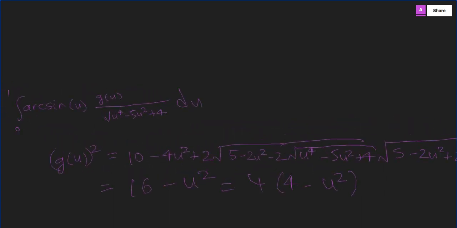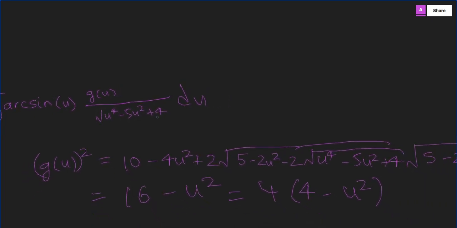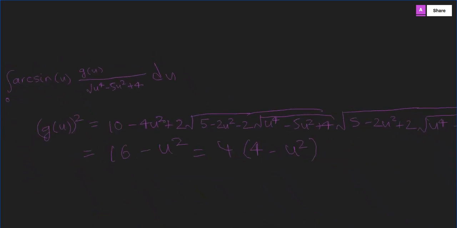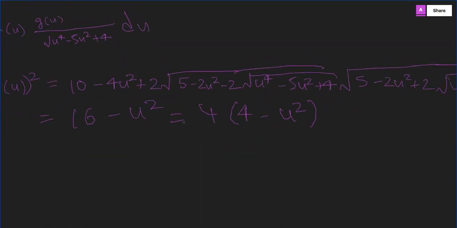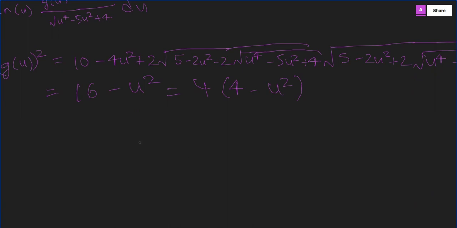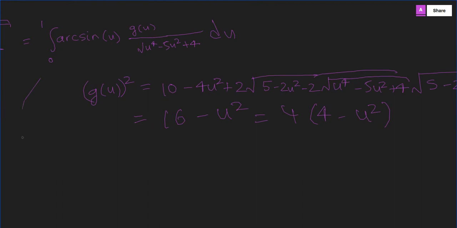And since we're dividing this entire g of u thing by the root of u to the power 4 minus 5u squared plus 4, all we have to do is take this 4 minus u squared thing. But first of all, we can just rewrite it again. So this entire thing, sorry for the messiness, but I think you can understand the point.